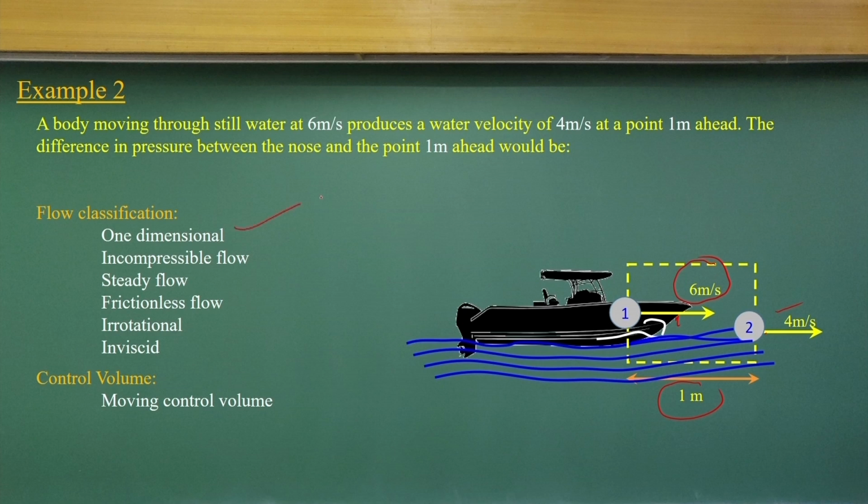So, we can draw the streamline which is passing through point 1 and point 2; incompressible flow, steady, frictionless, irrotational, inviscid. Okay. It is a moving control volume, but we are not looking at it as a moving control volume; we are just looking at the pressure difference, we are not looking at the mass fluxes here.